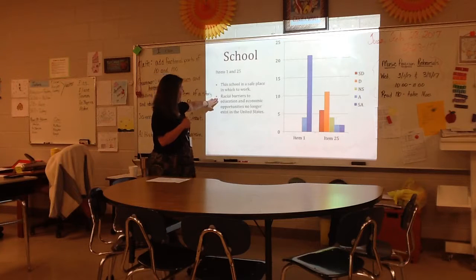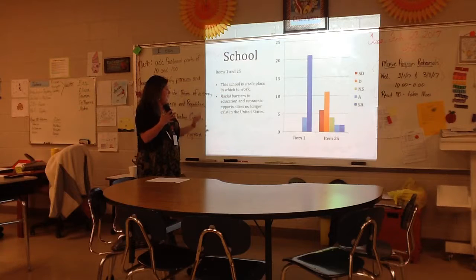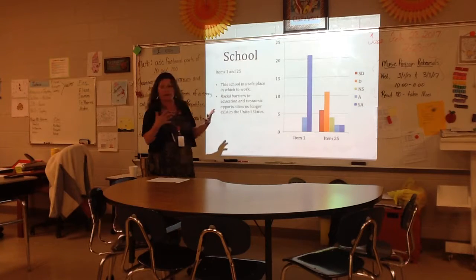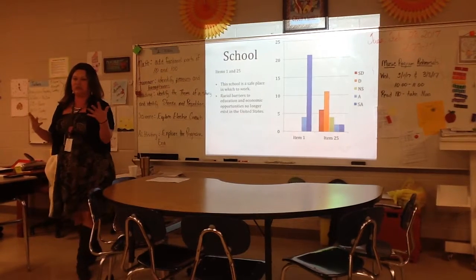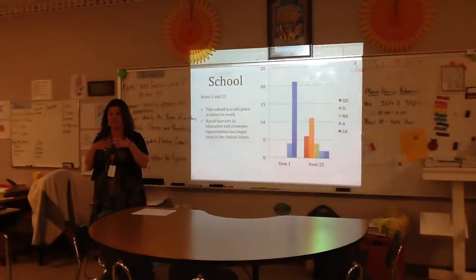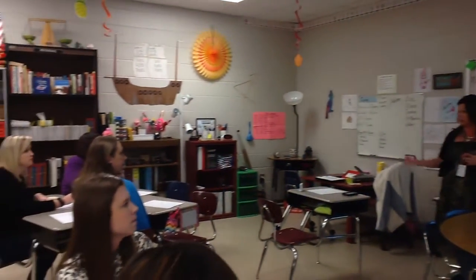The next question, which to me was kind of outside of our walls but does have a direct impact on our students and our teachers, was item number 25. It states that racial barriers and economic barriers in education do not keep students in the U.S., and we're looking specifically at Oxford Elementary, from making educational gains.